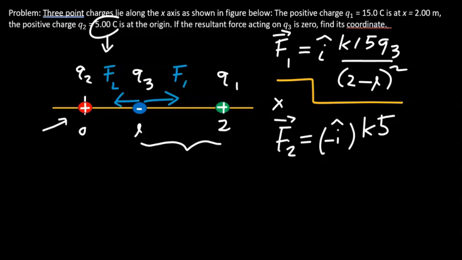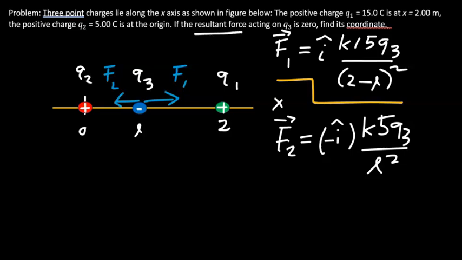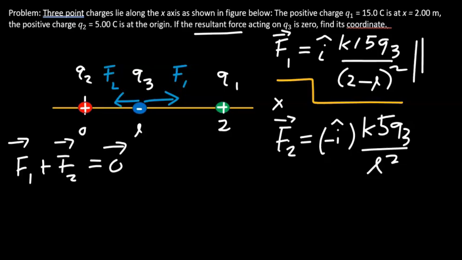So 5 times Q3, which we don't know, over the distance between them, which is just L, and square that. We are told that the resultant force on Q3 is 0. What that means is F1 plus F2 is 0. They have the same magnitude, but opposite direction.